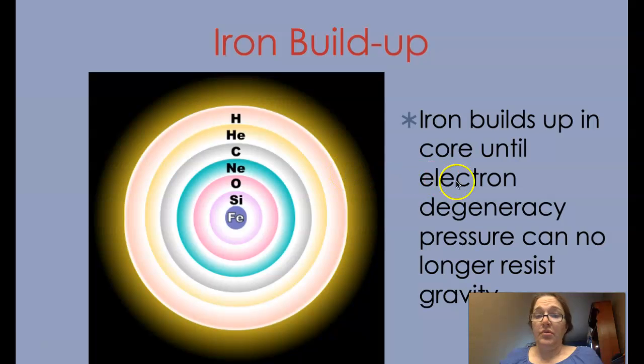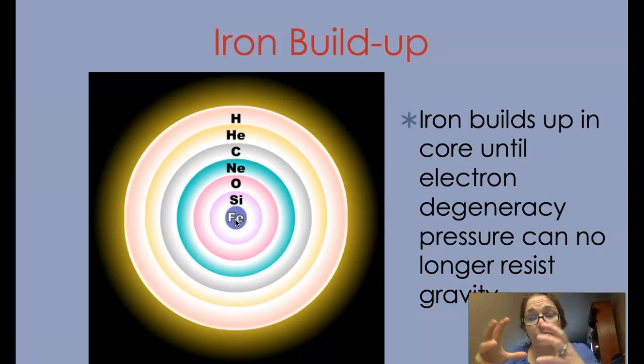We have had electron degeneracy pressure in here all along, helping push out, in addition to the heat. Once there's a significant amount of iron in the core, there is no fusion and nothing happening. So once again, there's no heat, thermal pressure pushing out.